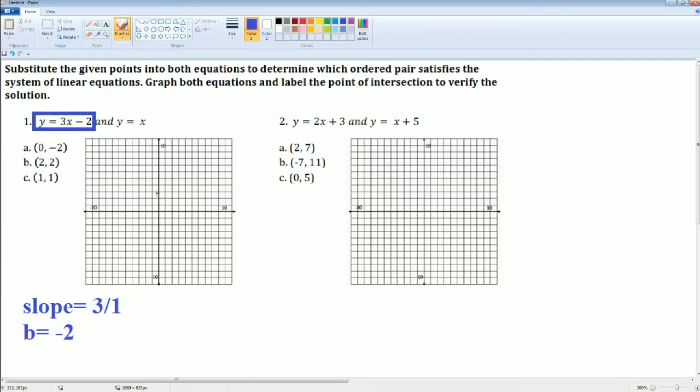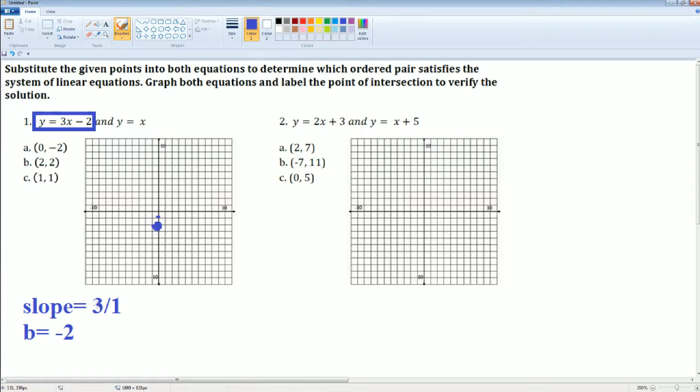That means you're going to put a dot here at -2. So this is 0, 0, and this is -1, -2. So put a dot here at -2.